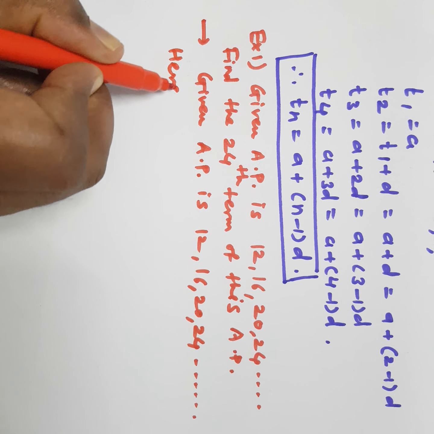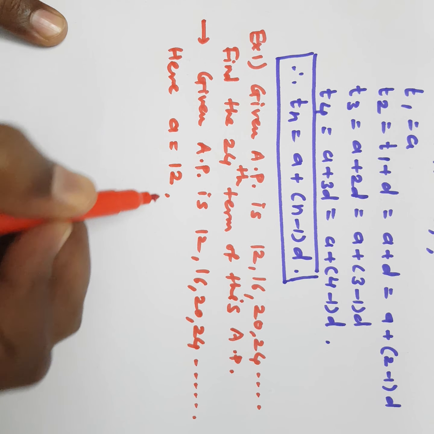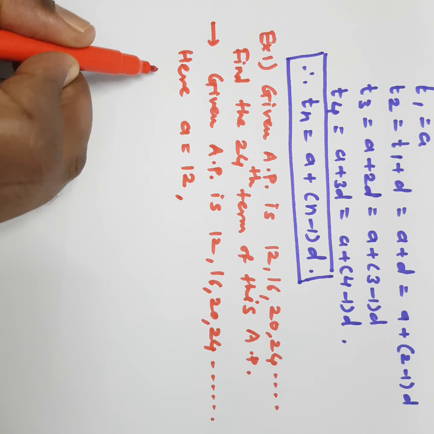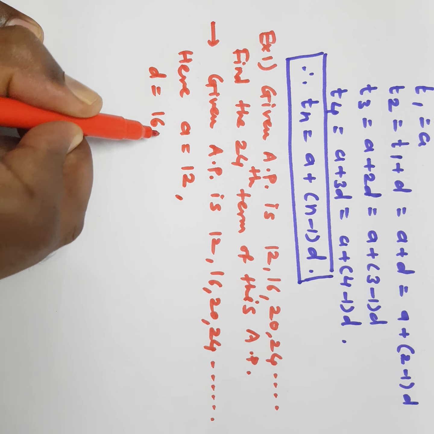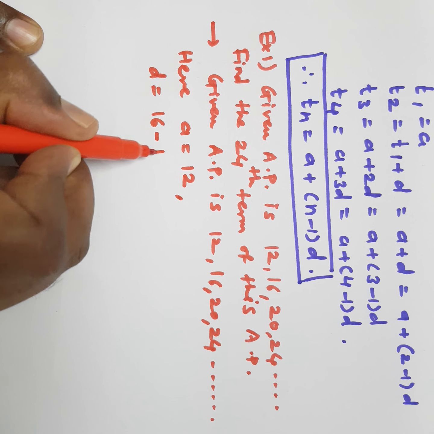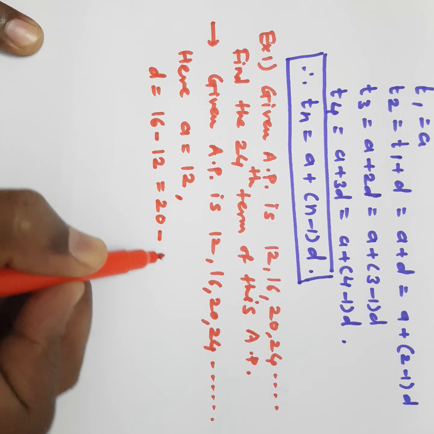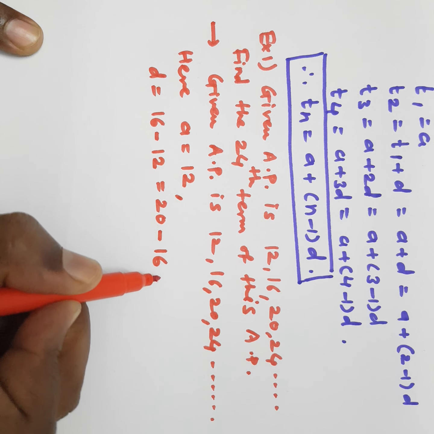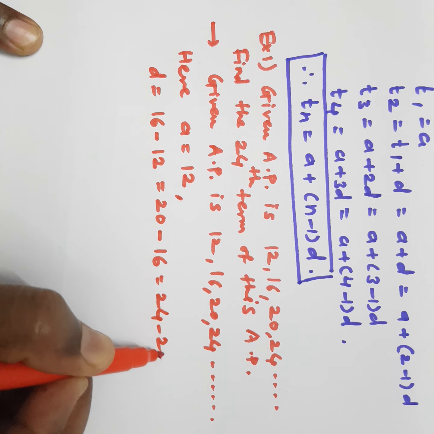Here the first term, that is a, is equal to 12. Then the common difference d is equal to T2 minus T1, that is 16 minus 12, or T3 minus T2, that is 20 minus 16, or 24 minus 20.